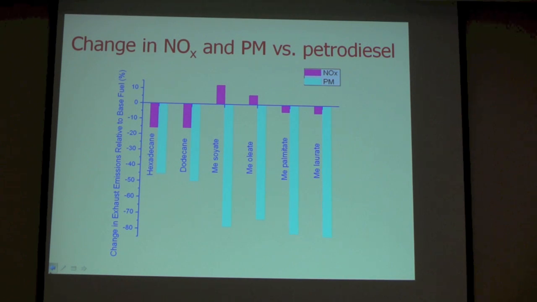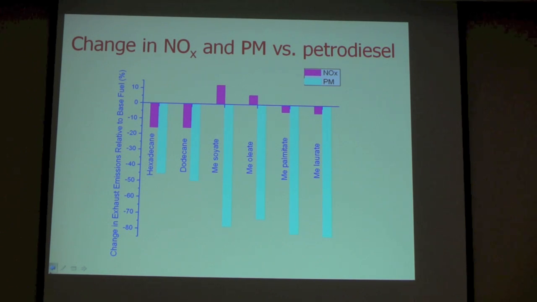And you do see a little bit of benefit of the methyl palmitate and the laurate versus the petroleum diesel fuel, but not quite as great as it is with hexadecane and dodecane for the NOx. But then you do see what I call an almost dramatic effect on the particulate matter exhaust emissions, essentially for all the biodiesel fuels and their components tested.